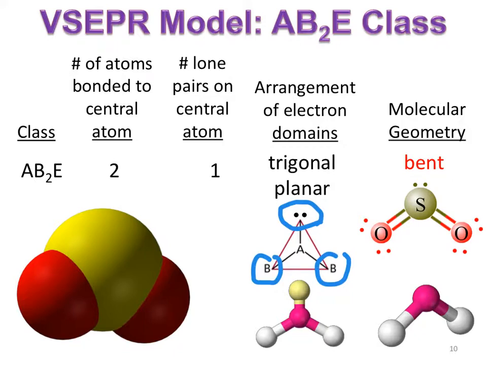The molecular geometry, however, is different. When we look at it, we are only looking at the connection of the atoms and not the placement of the lone pairs, and these molecules end up bent. The bond angle typically is slightly less than 120 degrees, which we would see in the trigonal planar system. For example, the bond angle here on sulfur dioxide is 119 degrees.